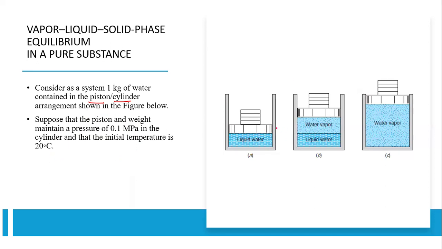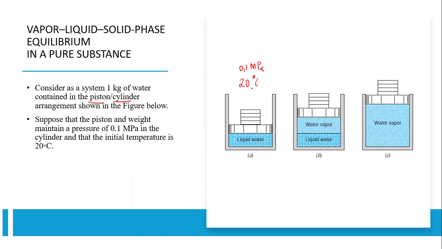So in this container, what's happening is state number 1, the first state, right? It's a state function. Our temperature, an intensive property, is 20 degrees Celsius. And what is the pressure inside of the container? Another intensive property, the pressure in this case is going to be 0.1 megapascals.